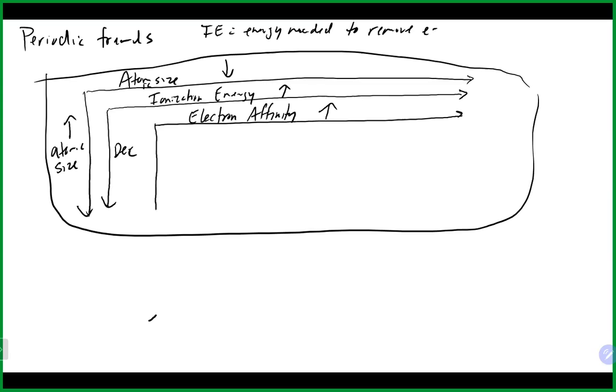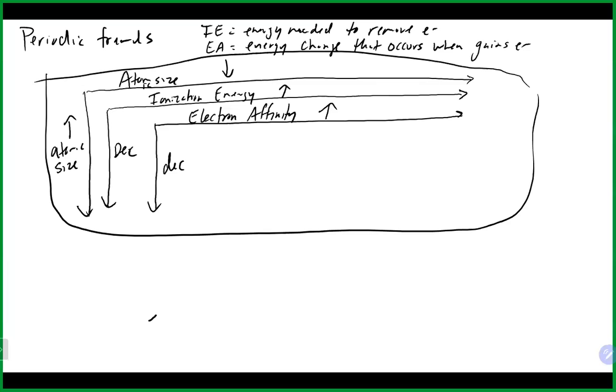It increases as you go up and to the right and decreases as you go down. Remember, electron affinity is actually the energy change that occurs when someone gains an electron, and those are typically your nonmetals.